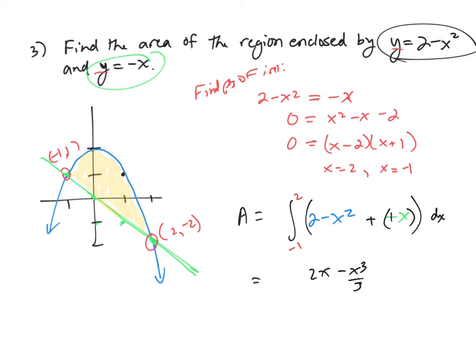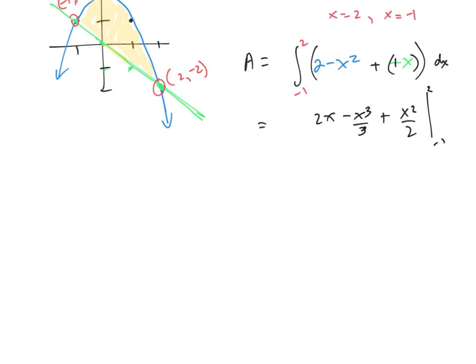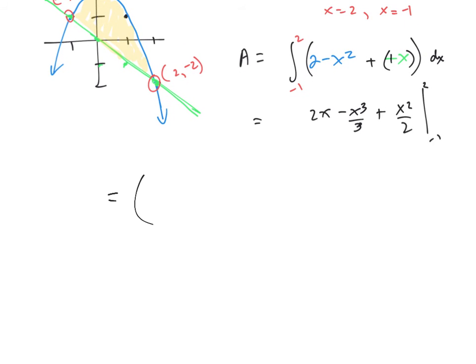So, antiderivative. See why we practiced all those? 2x minus x cubed over 3 plus x squared over 2, evaluating from -1 to 2. And if you were getting lazy when we had a 0, a lot of times things canceled out. Nothing's going to cancel out here. So I'm going to get something minus something, plugging in the 2 and plugging in the -1.